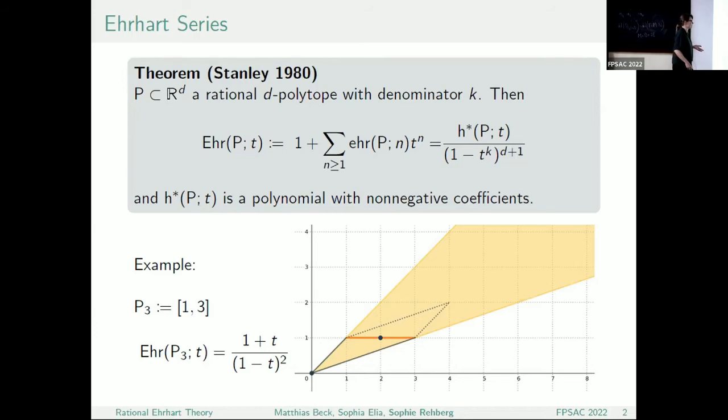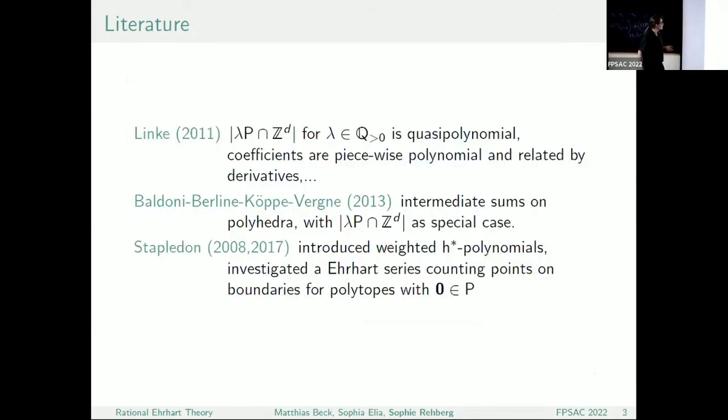And of course, we were not the first ones to think about this. There's a very nice paper by Eva Linke, who studied this counting function, and she already shows that this is a quasi-polynomial again, and that the coefficients are piecewise polynomial, and they are related by derivatives and many other nice properties.